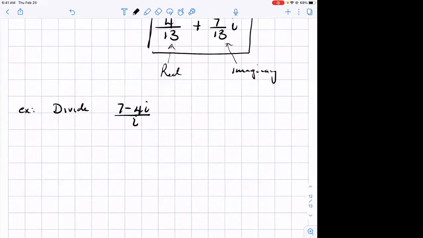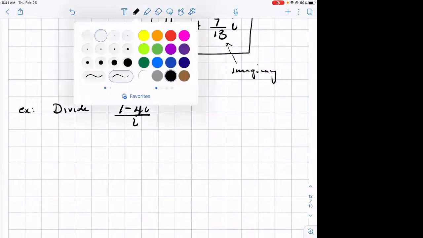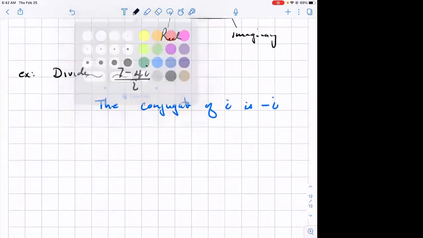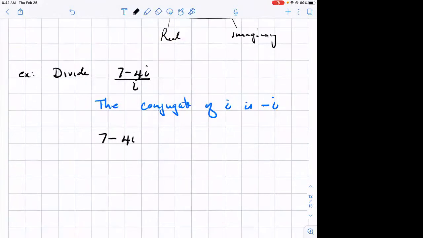And this is important: the conjugate of i is minus i. So we have 7 minus 4i over i, multiply that by minus i, top and bottom.